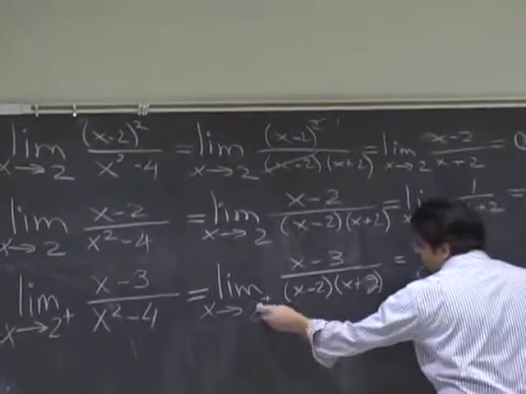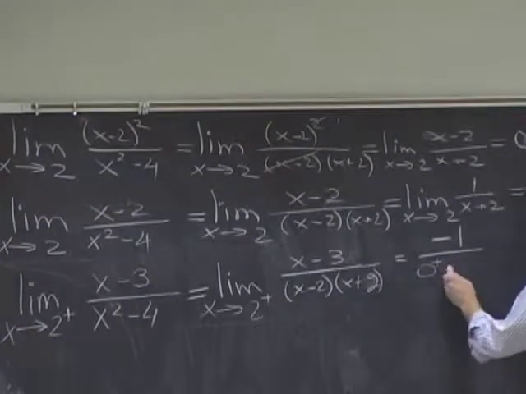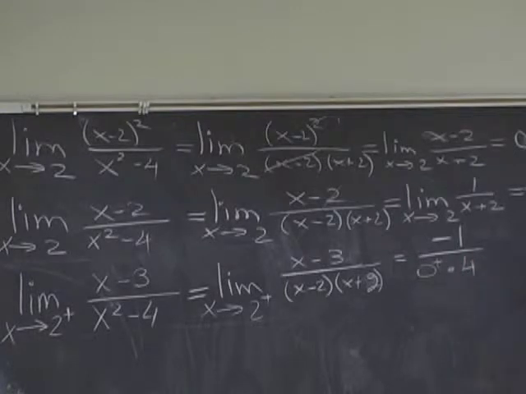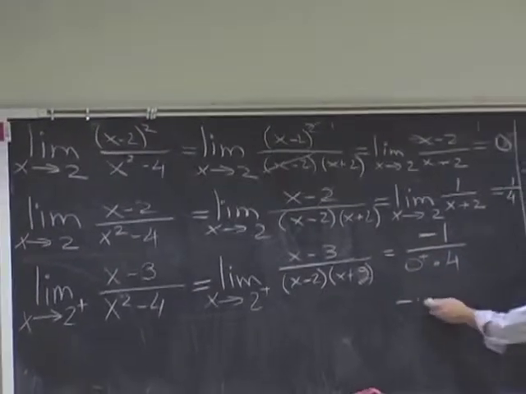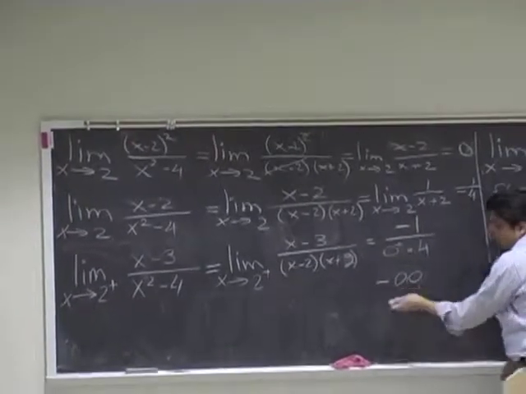And when x is close to 2, x plus 2 is close to 4. So this quantity is positive or negative? Negative. And the denominator is really, really small, right? So this expression is really large in the negative direction.